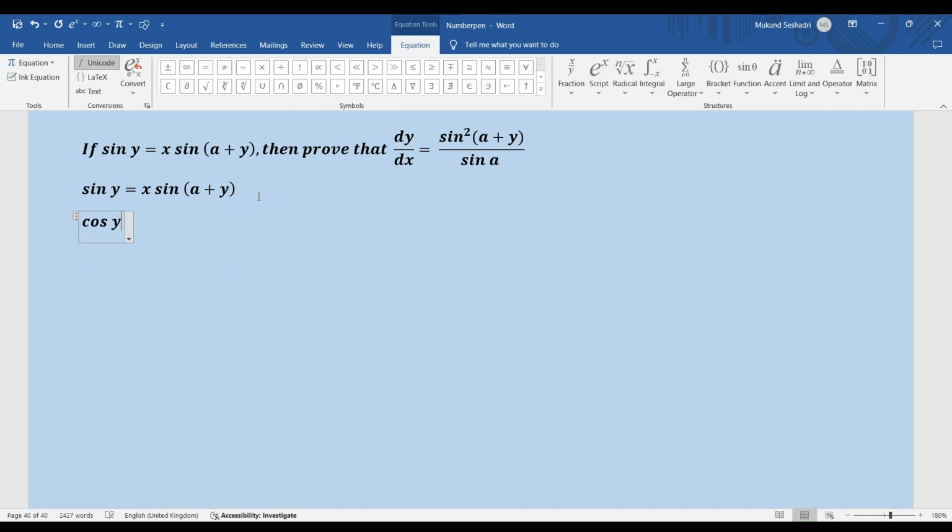Sin y becomes cos y times dy/dx. And then I have a product of two functions. Function 1 is x, function 2 is sin(a + y). And therefore, I'm good to apply the product rule of differentiation. So I differentiate my first function, which is x, with respect to x. I get a 1. So I retain the second function, and I retain the first function and then I differentiate the second function with respect to x, which is cos(a + y).